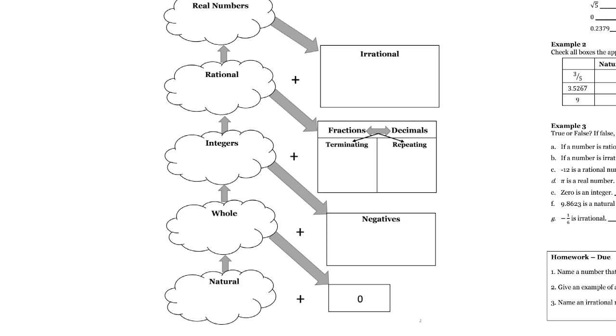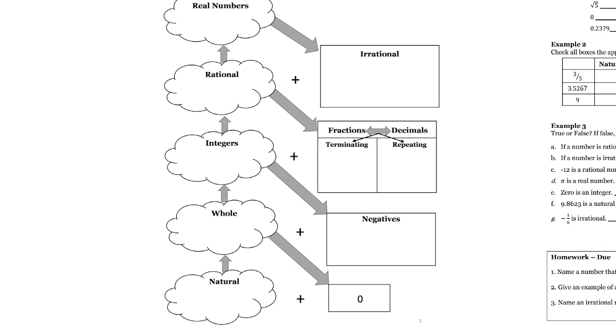All right, so we're going to start off with classifying numbers. What's important with this chart is that it goes from the bottom to the top. It starts at natural numbers here, and then it goes to whole numbers, and then integers, then rational, then real.